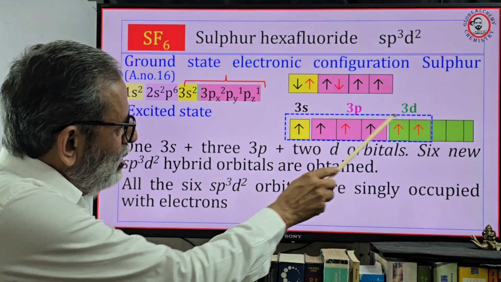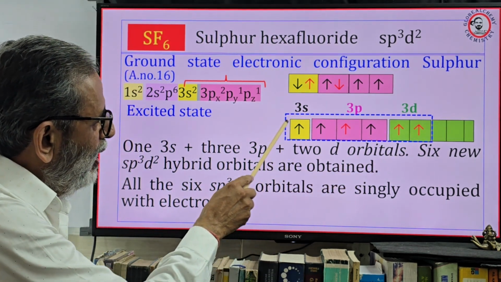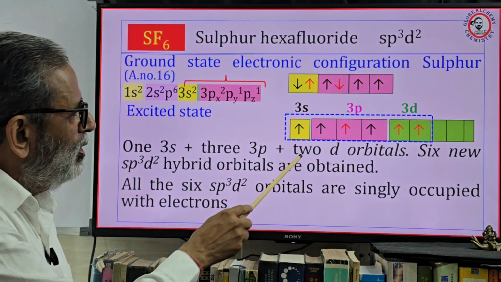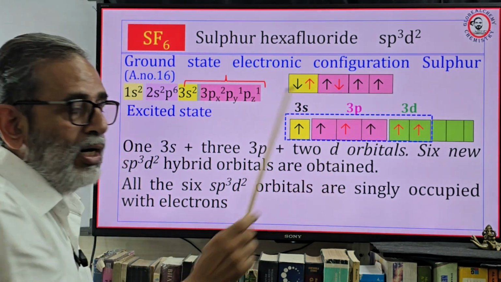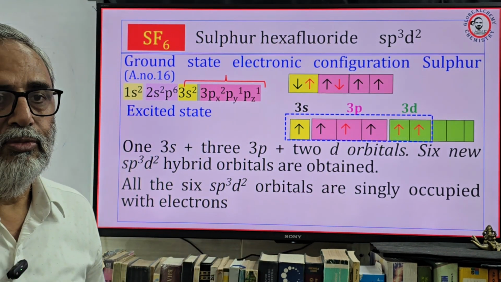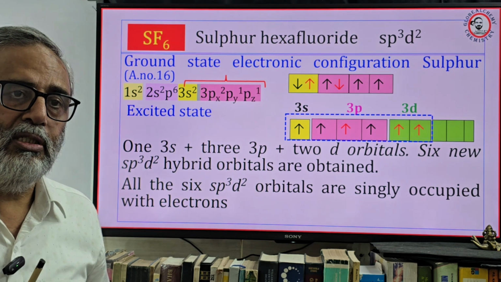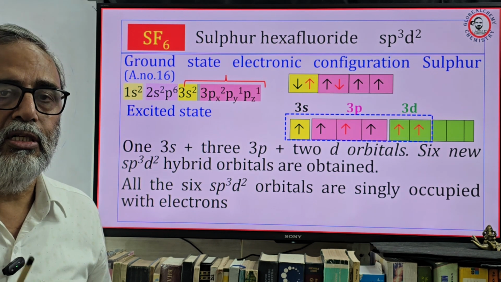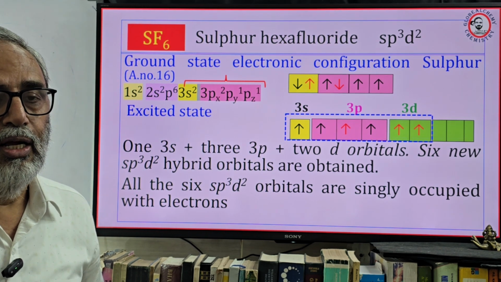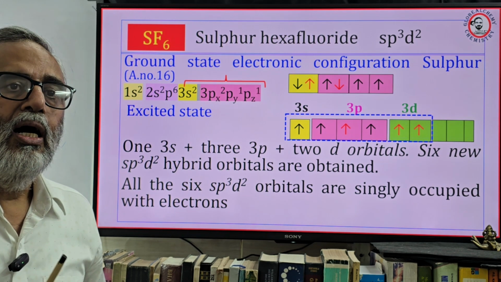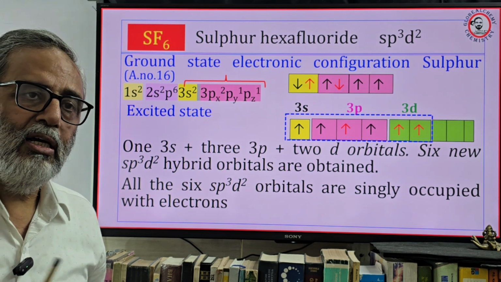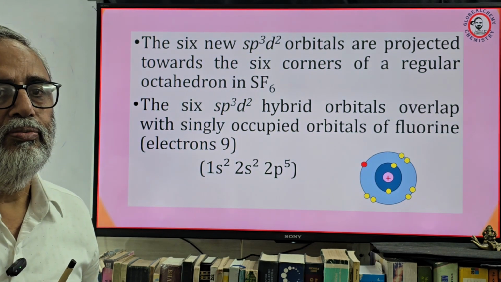Now these orbitals hybridize and form the sp3d2 hybrid orbitals, and all the 6 sp3d2 orbitals are singly occupied with an electron.